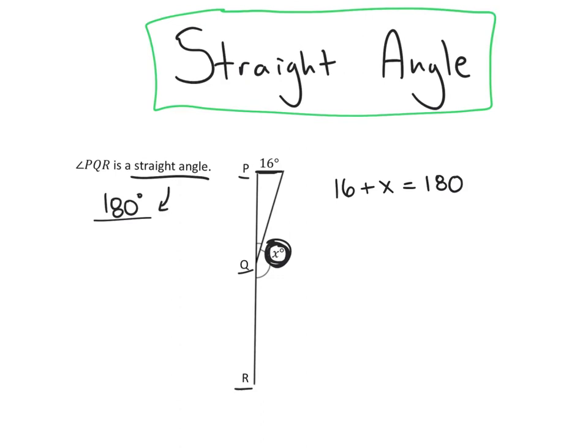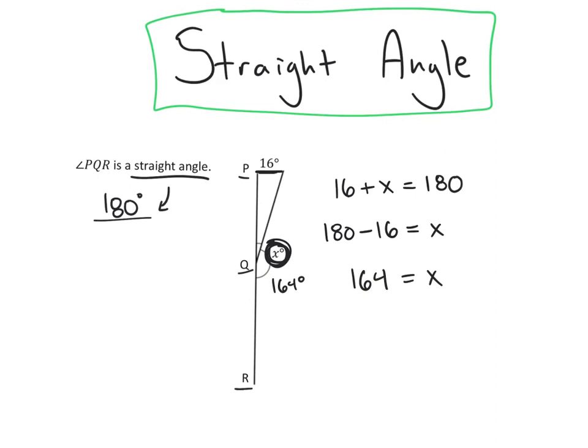Once again, using our understanding of fact families, we say 16 plus something equals 180. That's the same as 180 minus 16 being the mystery angle, or x. So now we just need to do a simple subtraction problem: 180 minus 16 equals 164. We see that x is equal to 164 degrees.